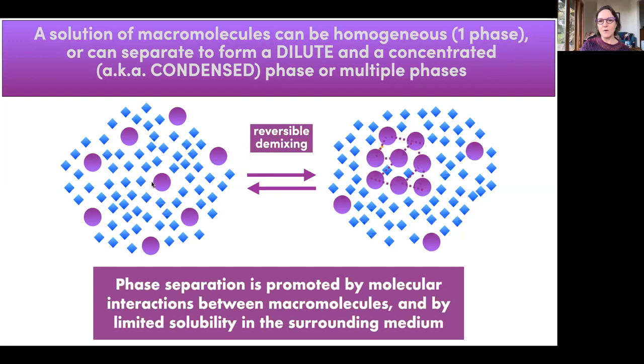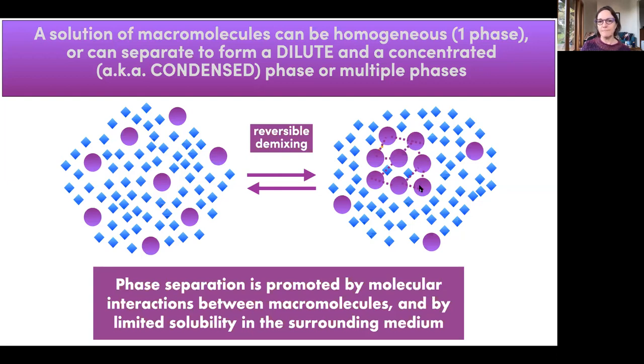They can undergo this process of condensation, often called demixing, to form a condensed phase and a dilute phase. So the condensed phase is here. It's not excluding the solvent, so there's still water in here. It's just that there's a higher concentration of these molecules, and they're bound together by weak molecular bonds, and that's what makes this a liquid.